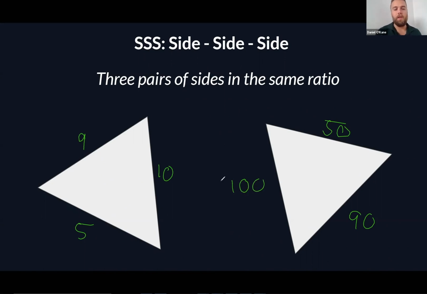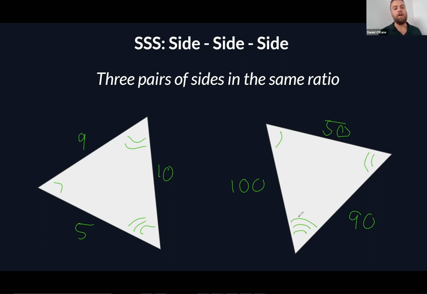okay, I know that these have to be similar triangles. It doesn't matter that I don't know what the angles are inside the triangle, but actually I know that for similar triangles, these three angles must match, okay?